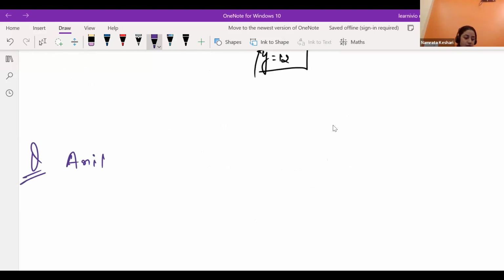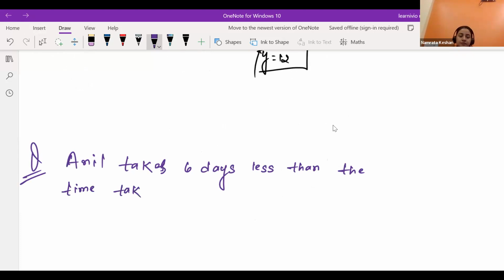A person takes 6 days less than the time taken by one to finish a piece of work.